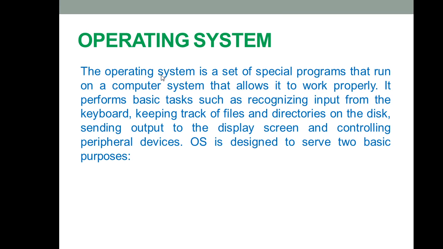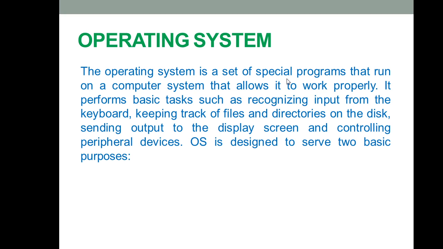This operating system takes the commands from the user, then it sends these commands to different kinds of hardware or different kinds of software. Okay, so whatever type of command you have given to the computer system, all these tasks are handled by this operating system.